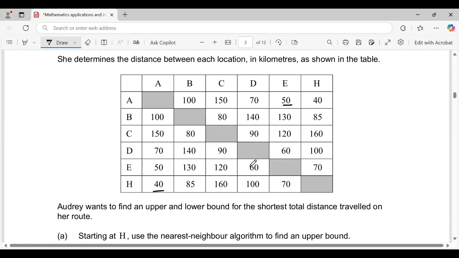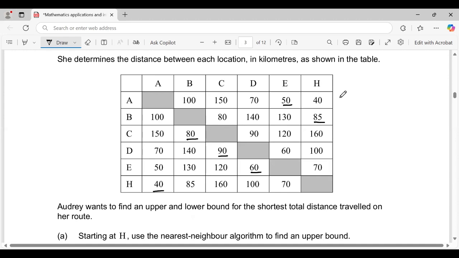After that, E nearest to D, 60, and D to C, 90, and then C to B, 80, and then B return to H, 85.